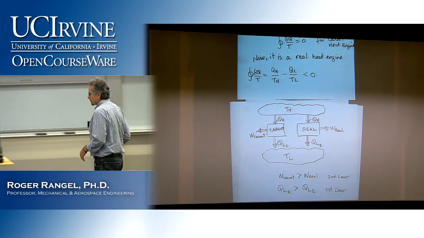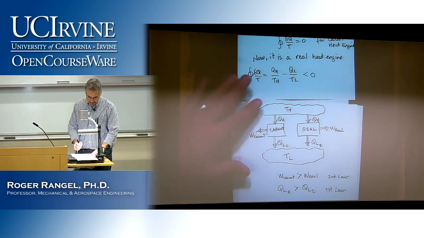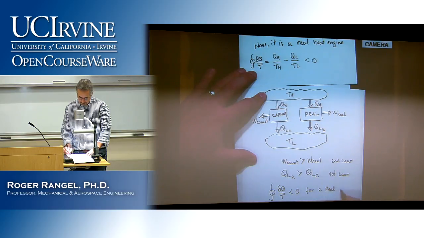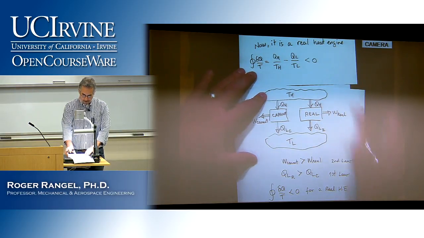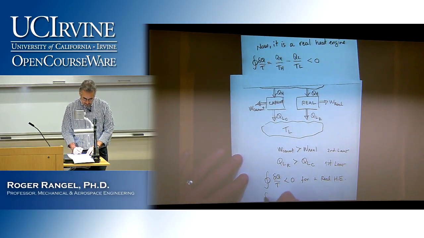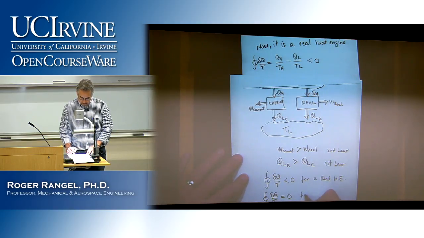So what we find then, if we summarize again what we just did, is that the cyclic integral of dq over T is less than 0 for a real heat engine. And we want to contrast that, in fact I'll put it here, with the previous result that the integral of dq over T was equal to 0 for a Carnot heat engine.